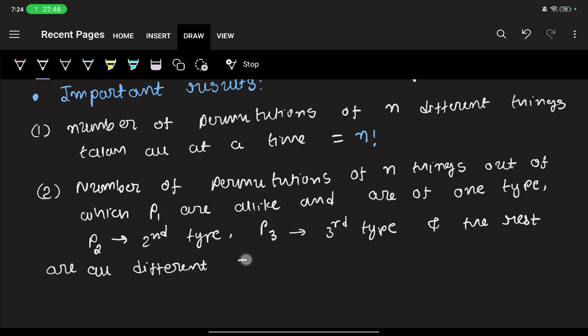Then you can write it as n factorial divided by P1 factorial, P2 factorial, P3 factorial. Good.